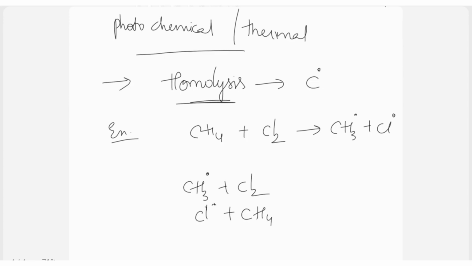Likewise the chain propagates and ultimately the methyl radical and chlorine radical combine to give methyl chloride. Likewise the reaction continues. So such homolytic reactions will generate free radicals.